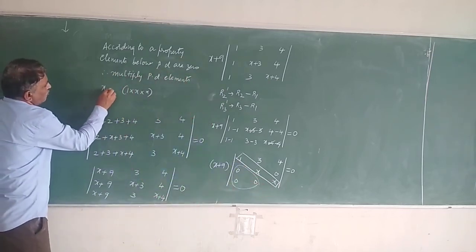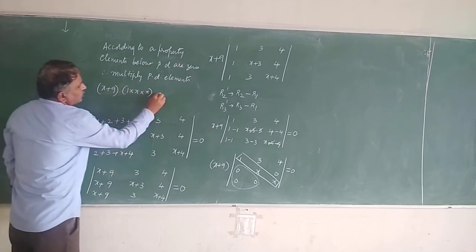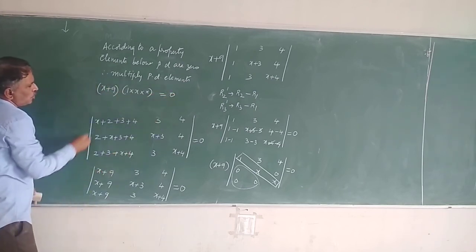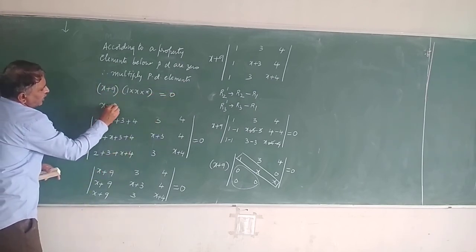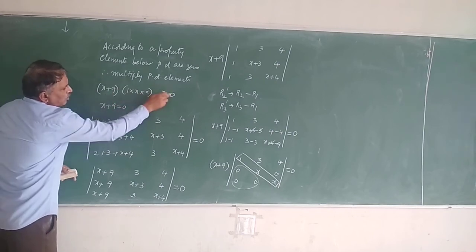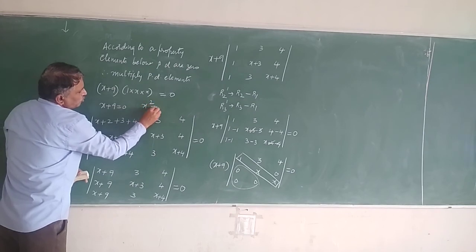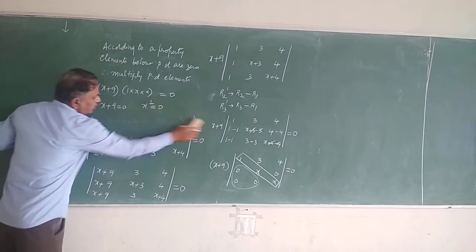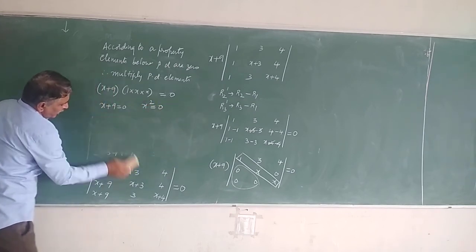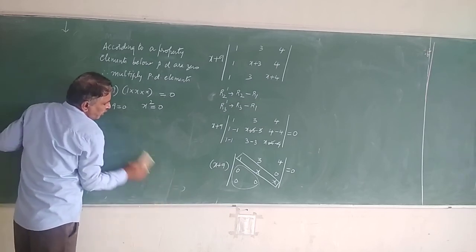As usual, we have x plus 9 is equal to 0. So very clearly, x plus 9 is equal to 0, and 1 into x into x is x square is equal to 0.